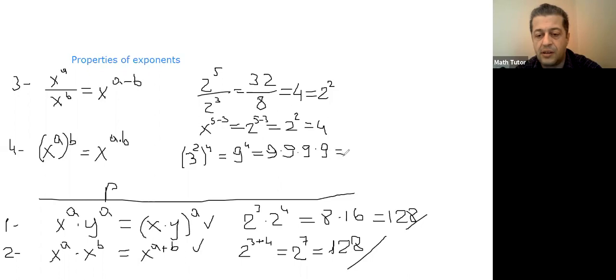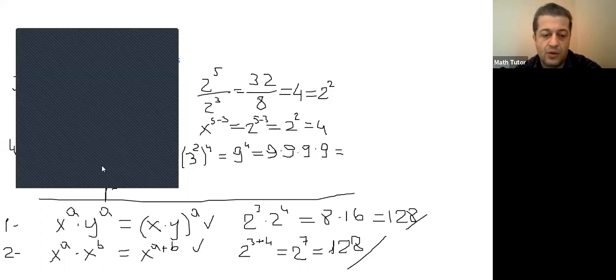Let's see the result. 9 times 9 is 81. 81 times 81 again. Let's see. 81 times 81. The result is 6,561.